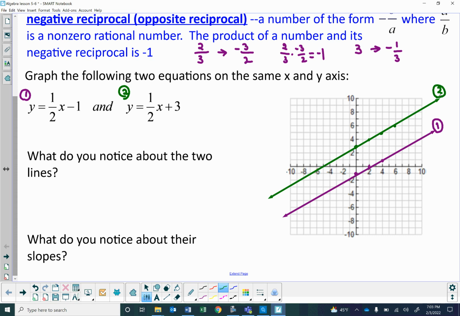You can see that these lines don't appear like they're ever going to cross. So if it asks what you notice about the two lines, it appears they will never cross, so they are parallel.